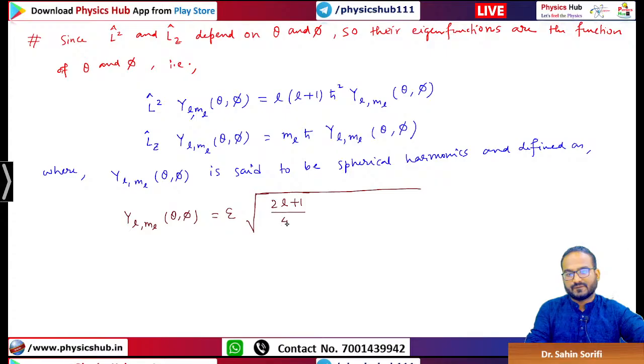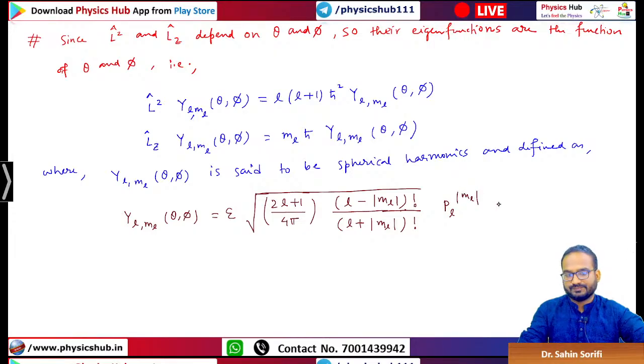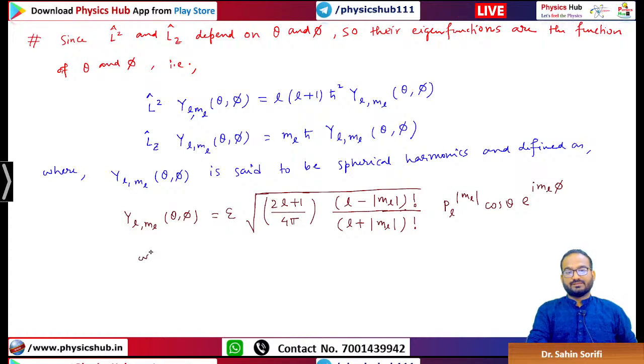Y_l^ml(theta, phi) equals epsilon times the square root of (2l+1)/4π times (l minus modulus of ml)! over (l plus modulus of ml)!, then P_l^ml(cos theta) e to the power i ml phi, where epsilon equals (-1) to the power ml for ml greater than 0, and 1 for ml less than or equal to 0.